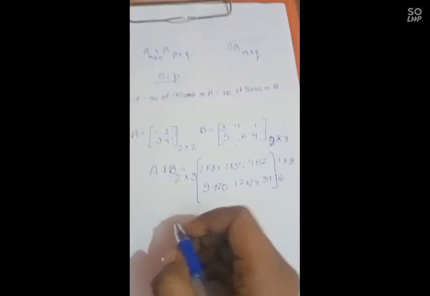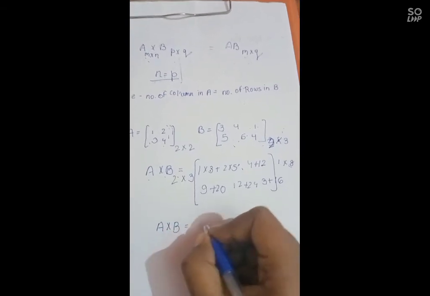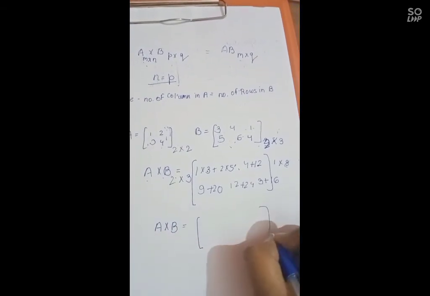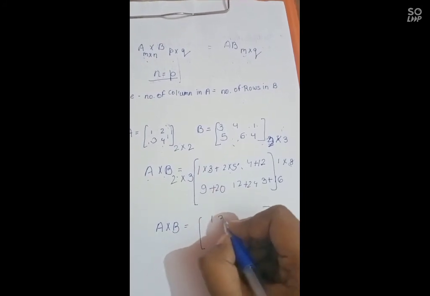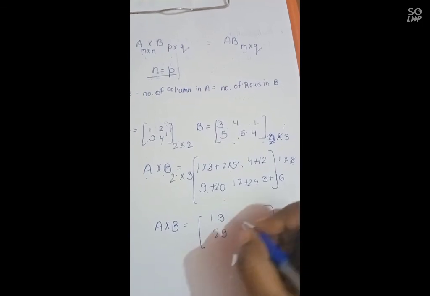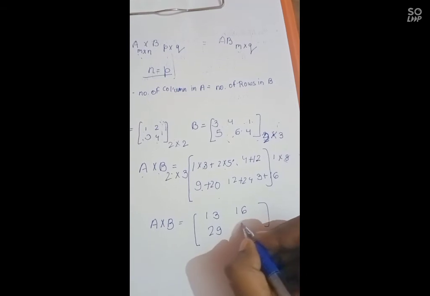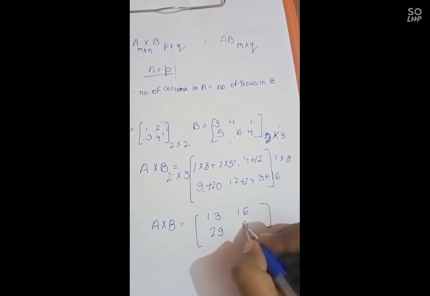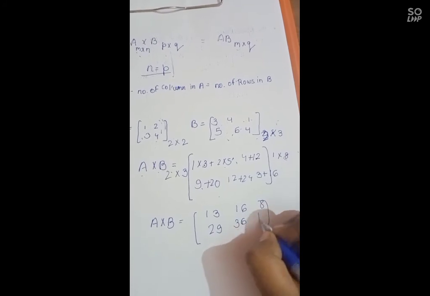Then we will add them. So here 3 plus 10, 13, 9 plus 20, 29. Here it is 16, here the answer is 36, here it is 8, here it is 19.